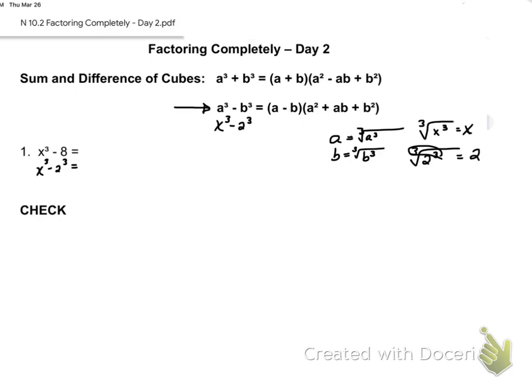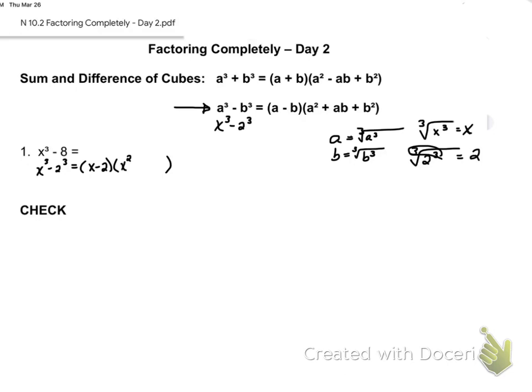So our pattern says our first parentheses are A minus B. So that's going to be, parentheses, x minus 2. Then we have 3 things in the second set of parentheses. The first one is A squared, so that's x squared. Then we have plus.